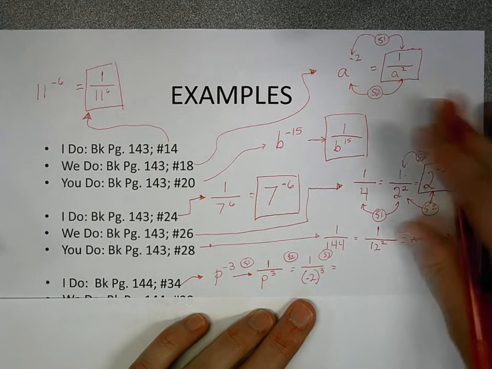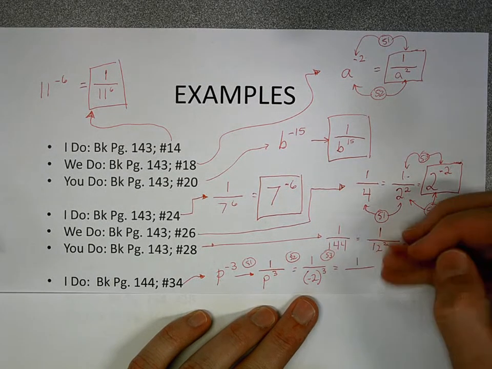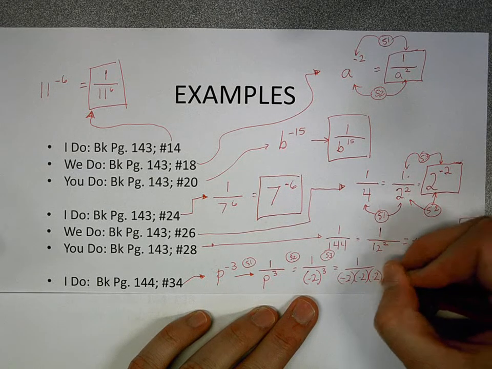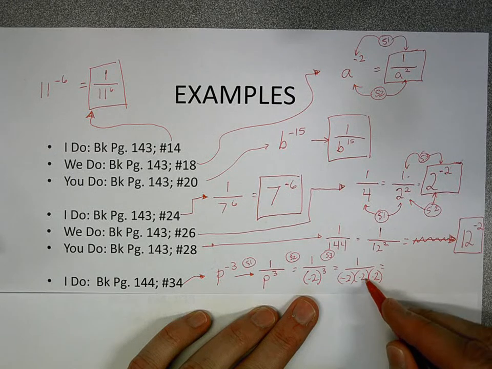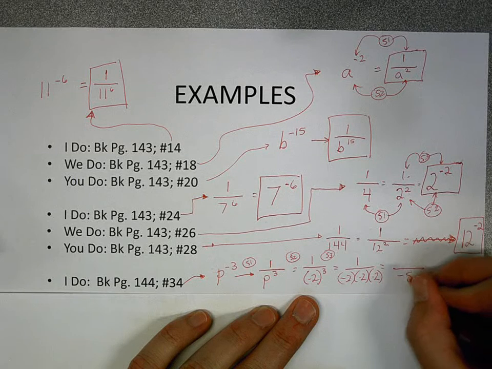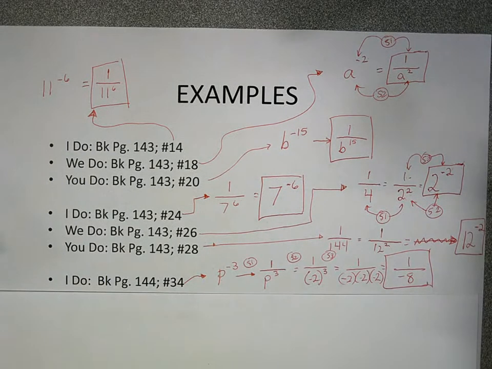So I have 1 over, and then this is negative 2 times negative 2 times negative 2, which of course, a negative times a negative is a positive 4. Positive 4 times a negative 2 is a negative 8. And we have 1 over negative 8, or negative 1/8.